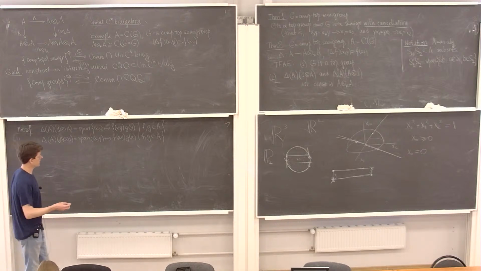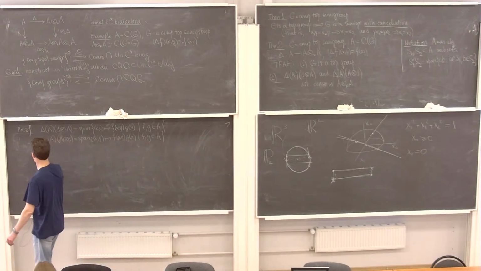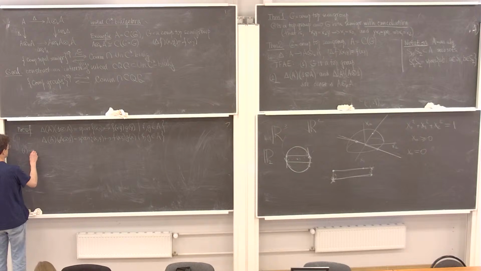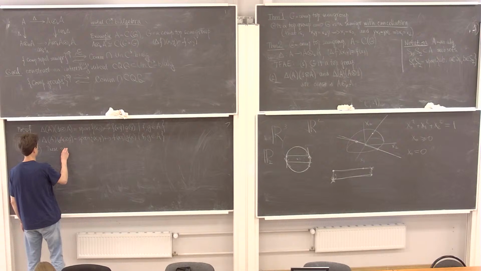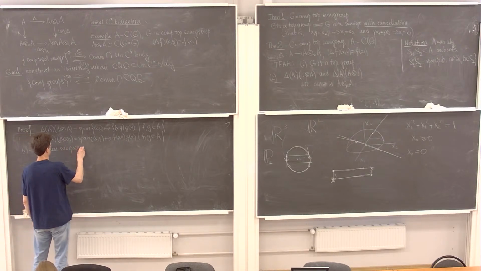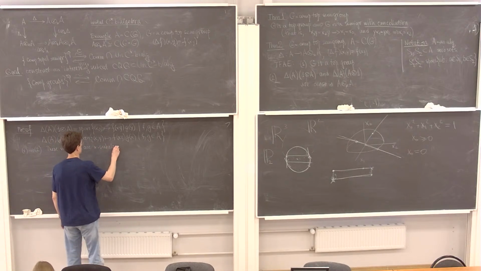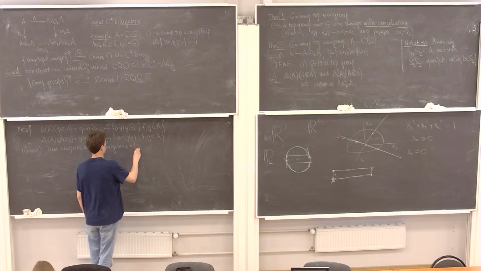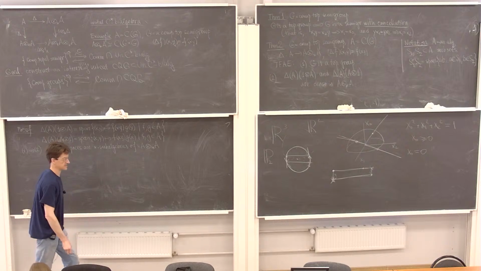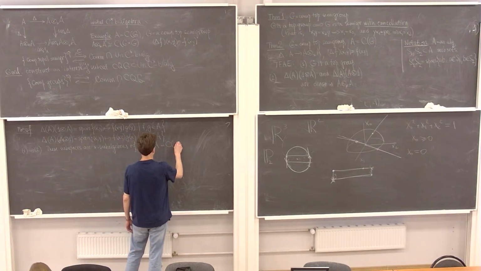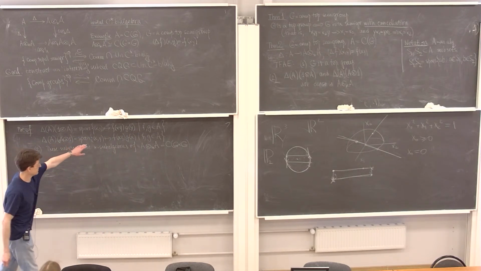Now, to show that 1 implies 2, we simply observe that these two subspaces are star subalgebras of A tensor A. A tensor A is the algebra of continuous functions on G cross G. This is clear from these formulas.